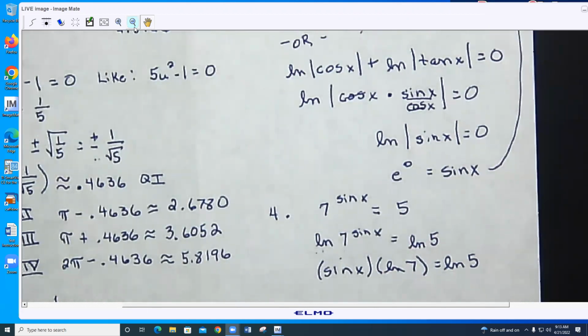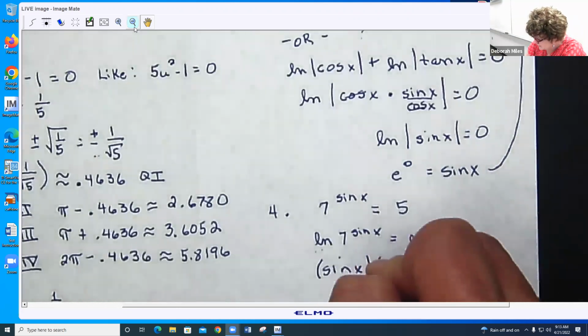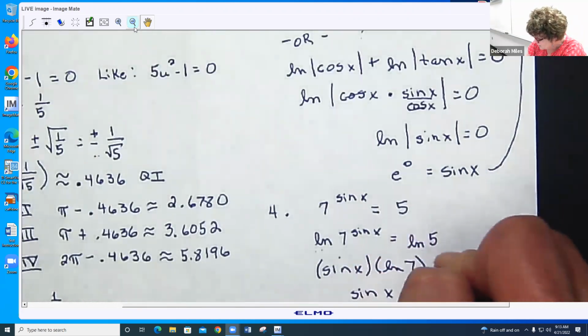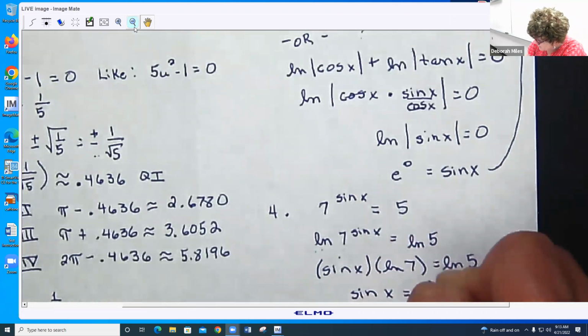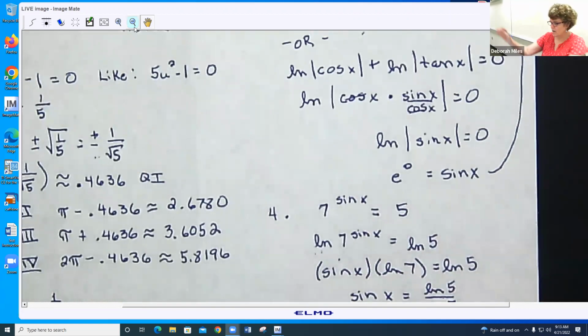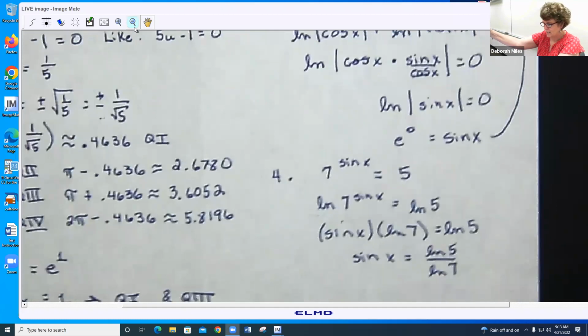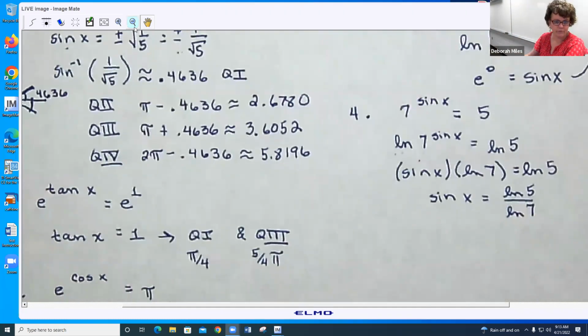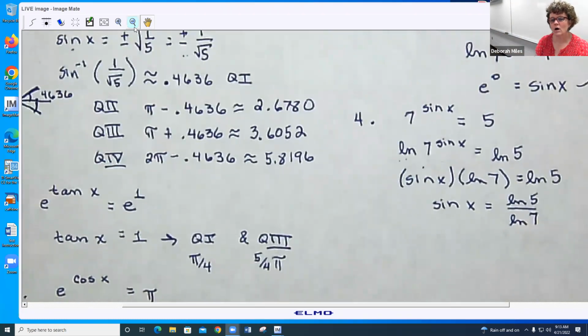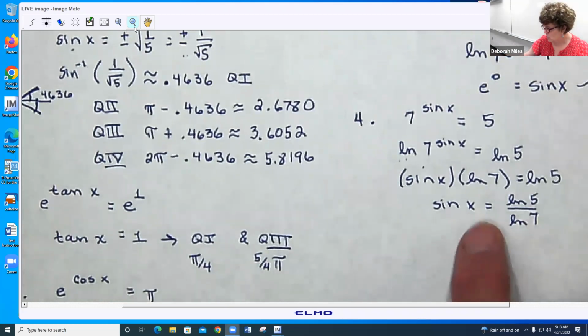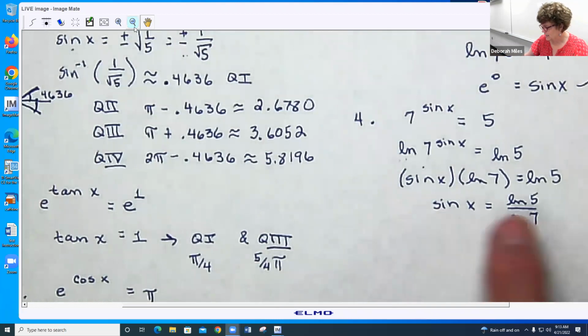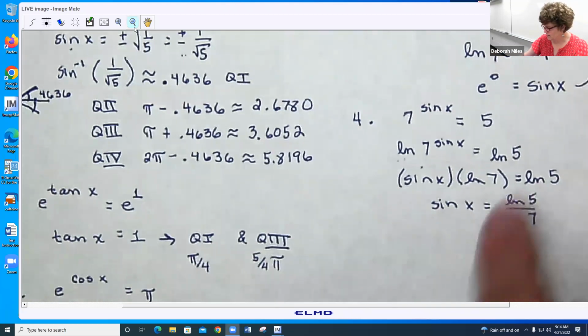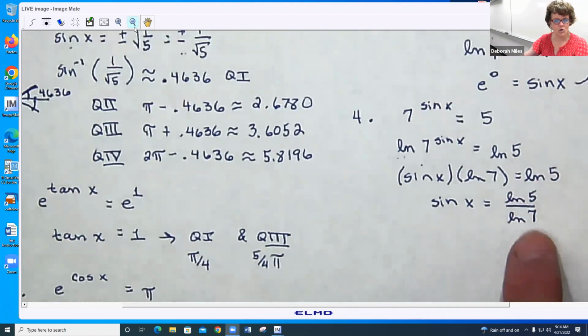Could you divide by the natural log of 7? Absolutely. Natural log of 7 is just a number. I need to divide by that number. But I'm not going to touch the calculator until I get the x completely by itself. So what could I do to find the angle whose sine is this, as long as this is a number between -1 and 1?